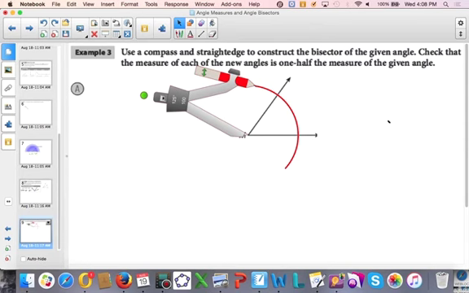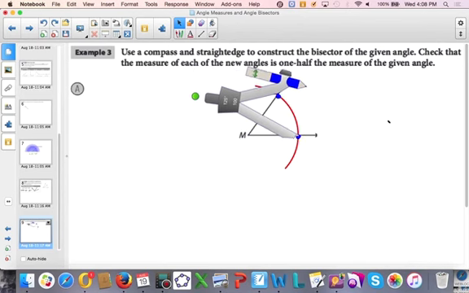And now what I'm looking for is a point that will be as far away from here as it is from here. So that's why I'm going to now move my compass to one of these points and make a marking.